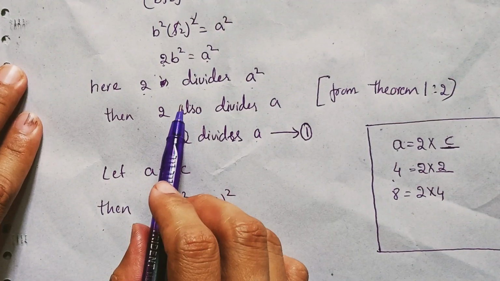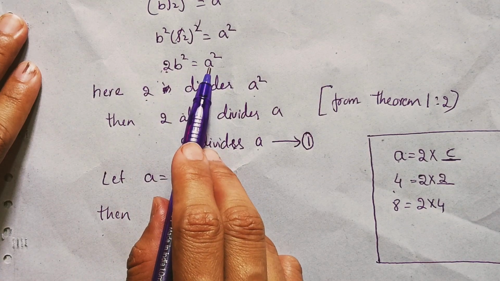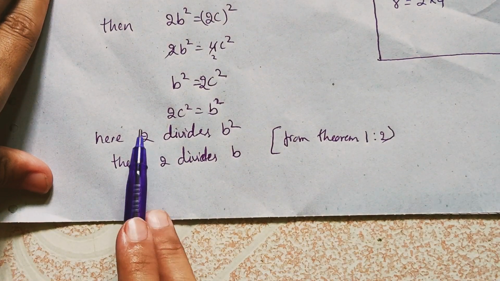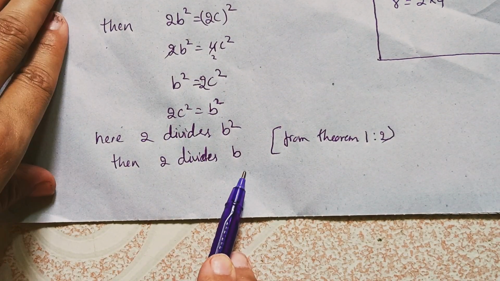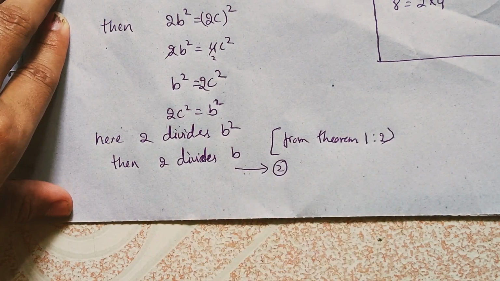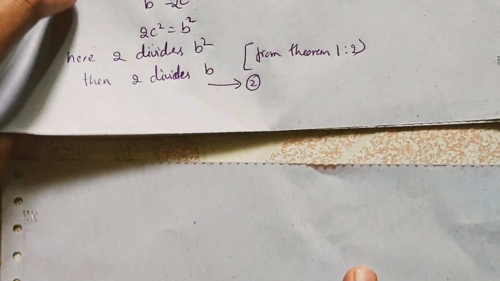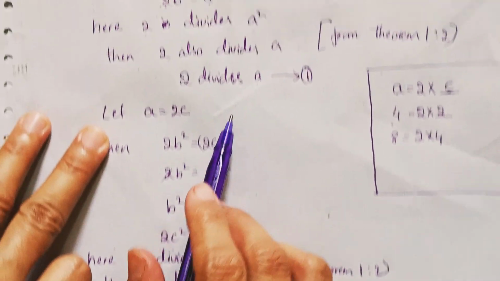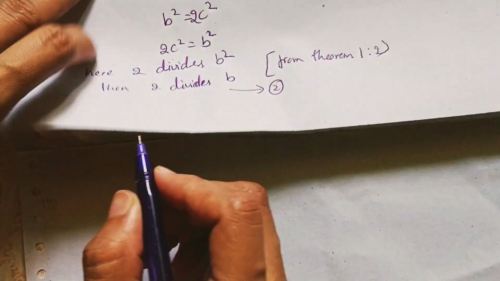As above, with 2b square equals a square, if 2 divides a square then 2 also divides a. In the same way here, if 2 divides b square, then 2 also divides b. Let's take this as the second equation. If you observe clearly, from equation 1 and equation 2, let's see what happened.